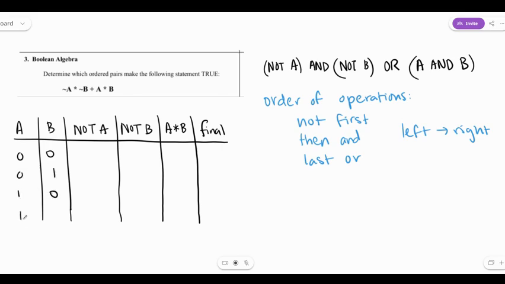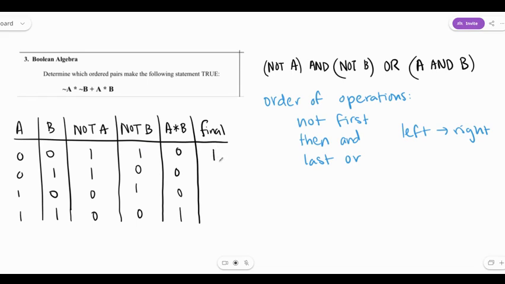Again, there are only these 4 possible cases for A and B. Not A is 1, 1, 0, 0, not B is 1, 0, 1, 0, and not A times not B is 1, 0, 0, 0. And then the final result would be not A plus not B. Sorry, not A times not B plus A times B.